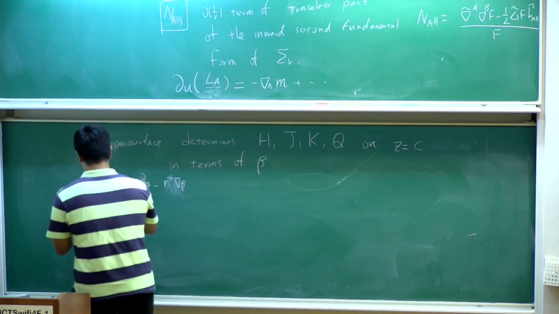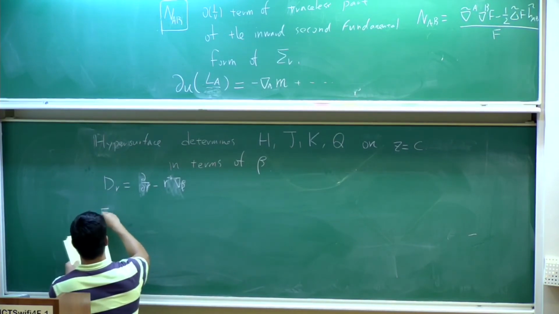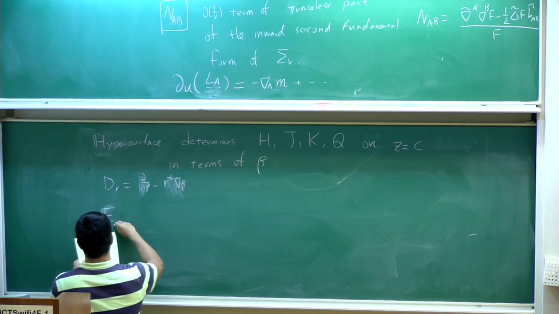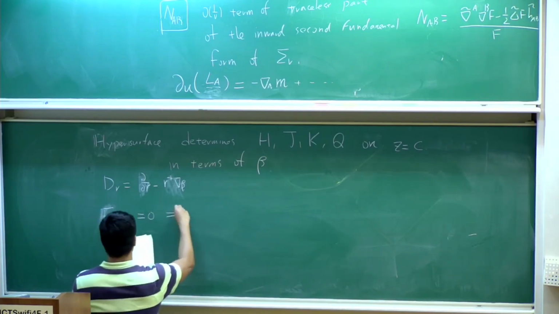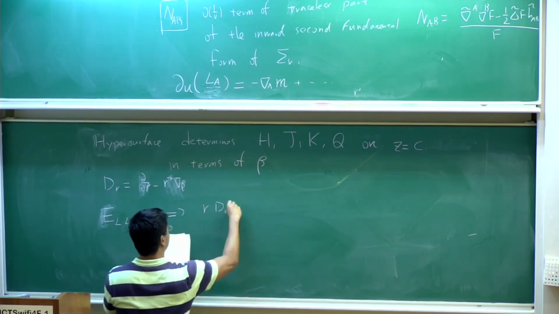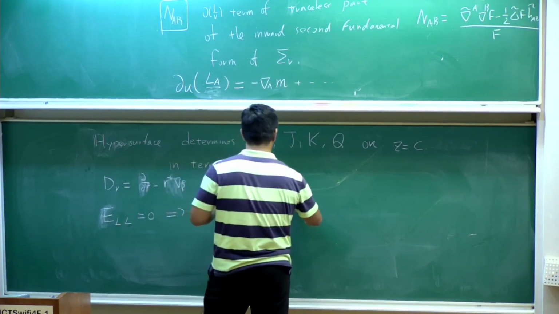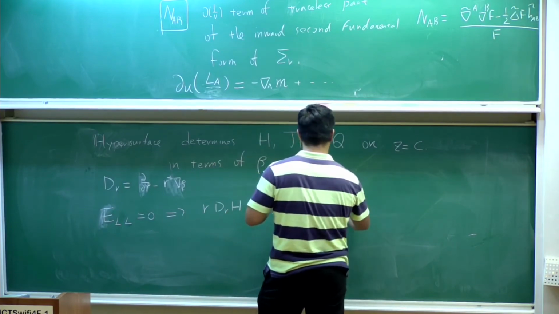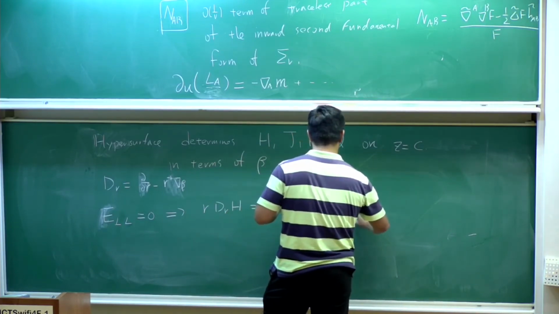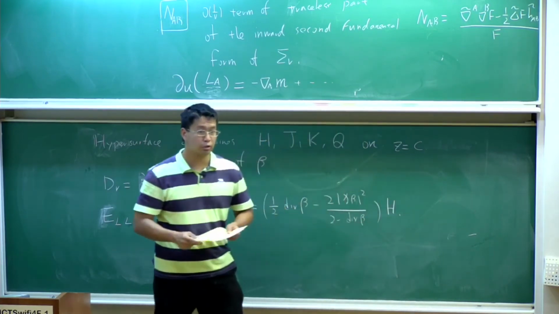For example, the Einstein tensor in the LL direction equals 0 implies an equation times h.